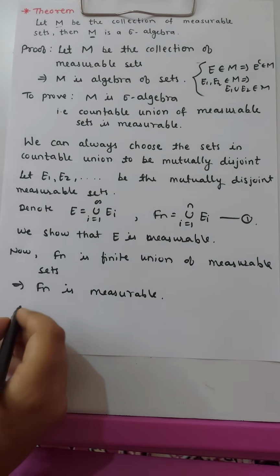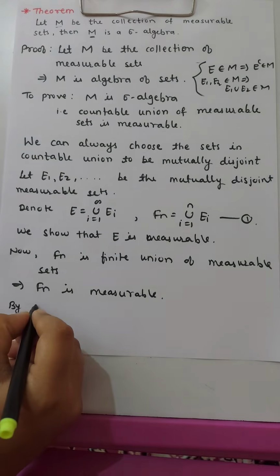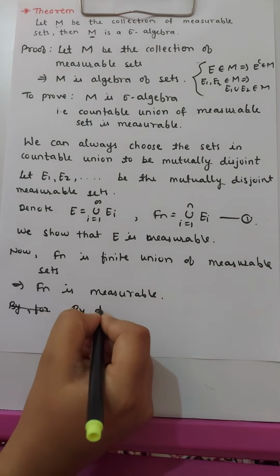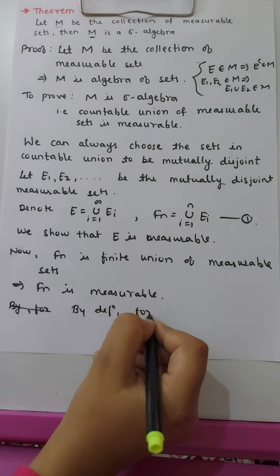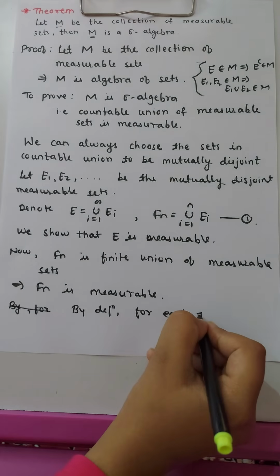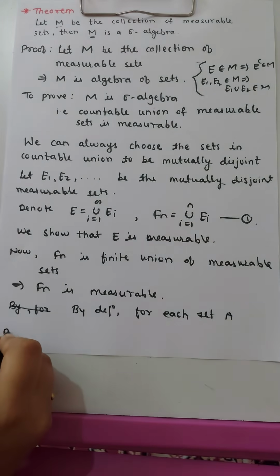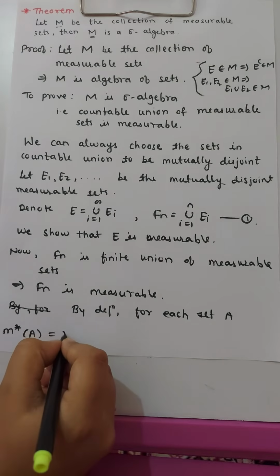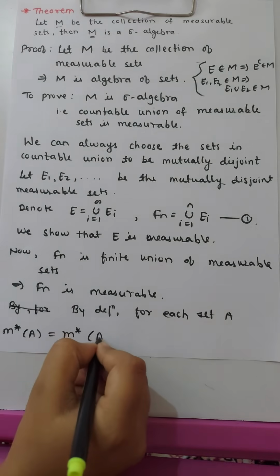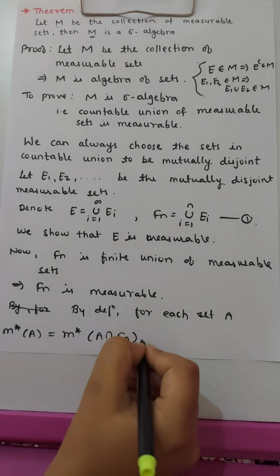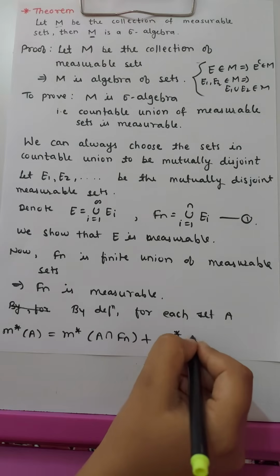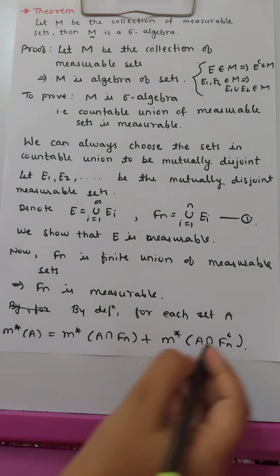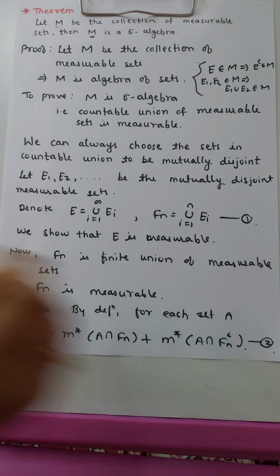So by the definition of measurable sets, for each set A, we have outer measure of A equals outer measure of A intersection Fn plus outer measure of A intersection Fn complement. Let this be number 2.